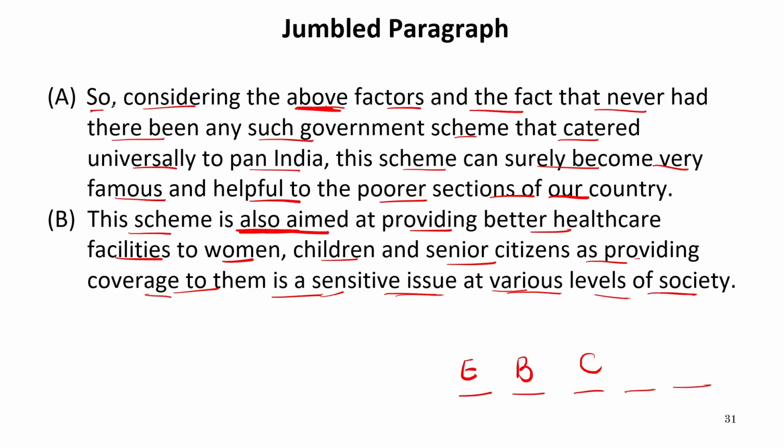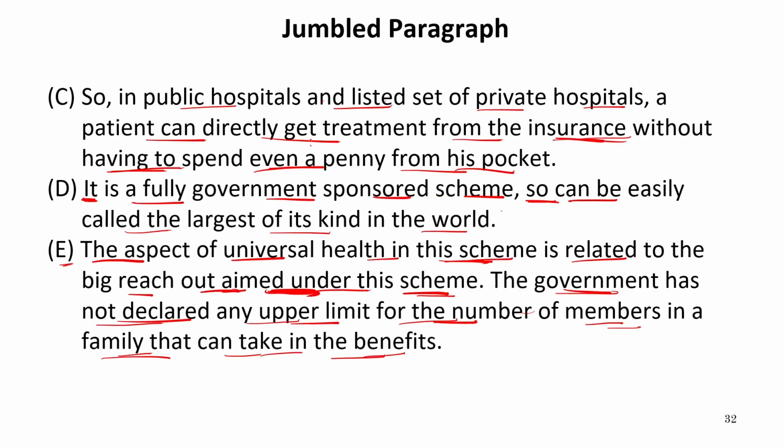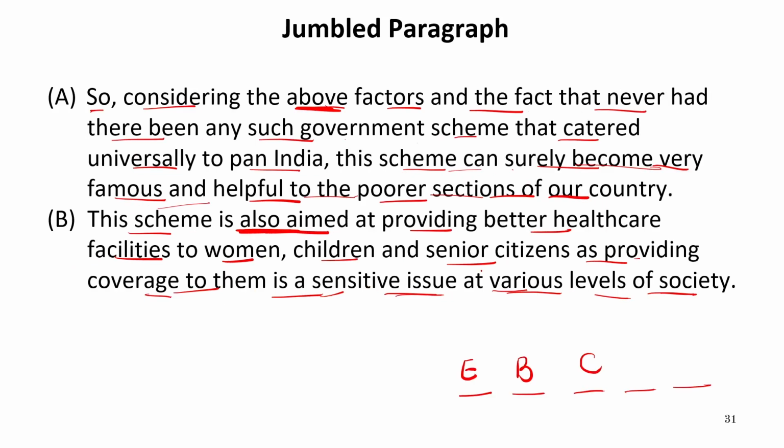Then after this, we have "So, considering the above factors, the fact that never had been there any such government scheme that catered universally to Pan India, the scheme can surely become very famous and helpful to the poorer sections of our society." So we have talked about that they need not spend even a penny, and here we have talked about the poorer sections' benefit.